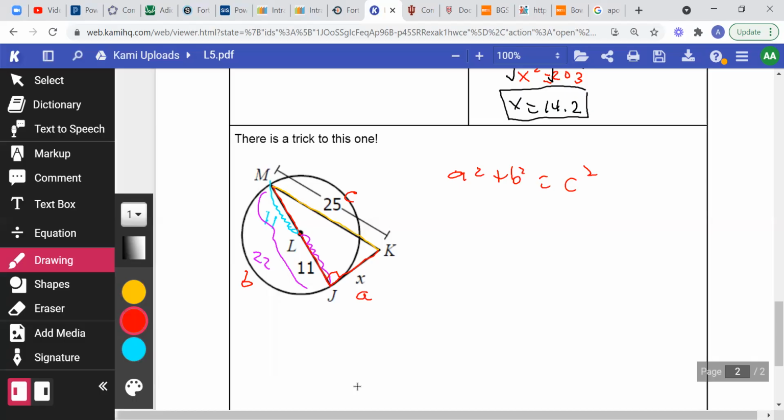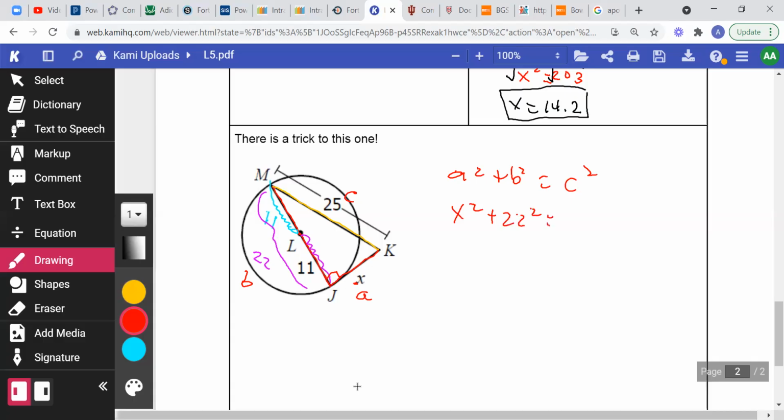Here. Okay. What is A here? What does A represent? Just read the letter beside it. X. X. What is B? 22. 22.